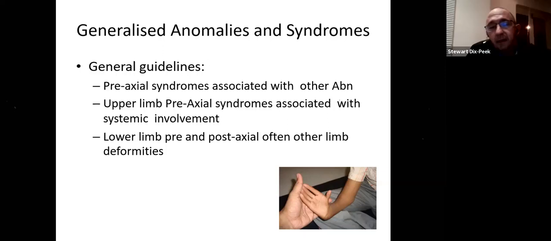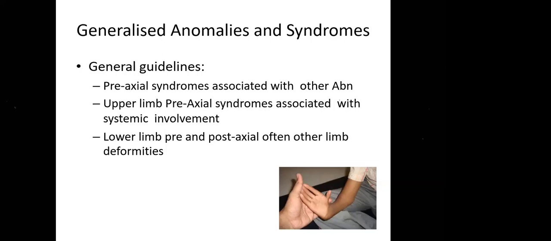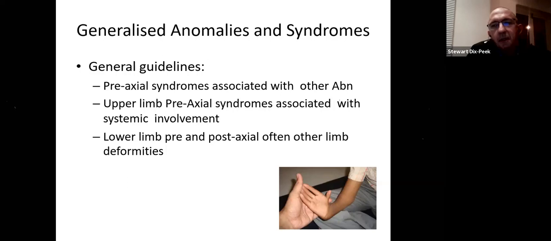Fanconi's, oh, it is. Okay, Yapi showing off now. Anything else anyone want to add in? Holt-Oram. Holt-Oram, yeah, got it. And then I've got TAR syndrome. But in fact, we've had TAR. So that's where I get stuck. Anybody else got anything else? There's probably more. I'm happy with that.